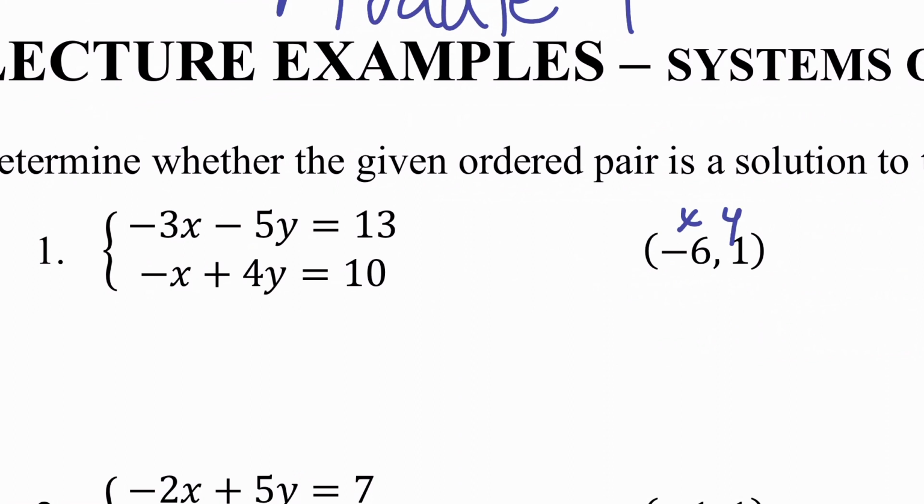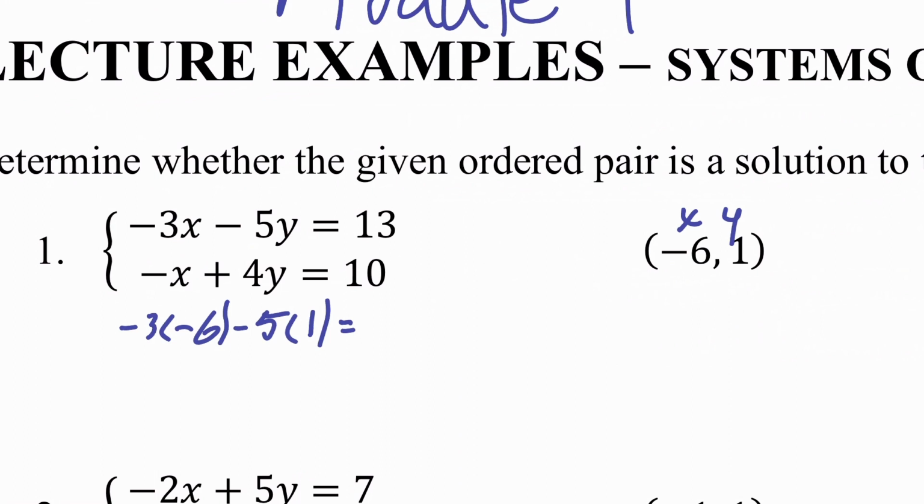So basically what we'll do is take the first equation and plug in -6 for x. So -3 times -6 minus 5 times 1, and we're going to see if we get 13 this way. And if we do, then that pair is a solution to that first equation.